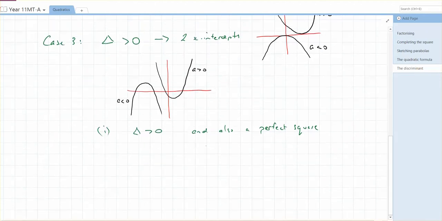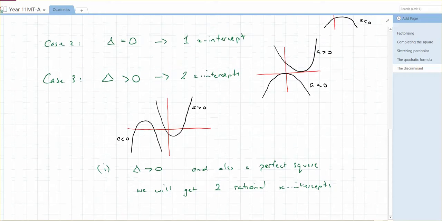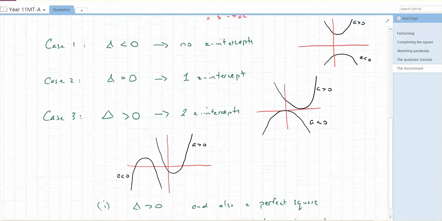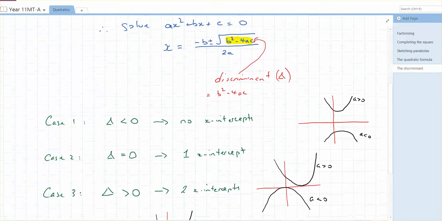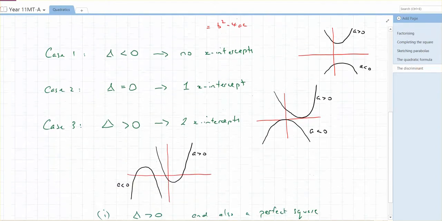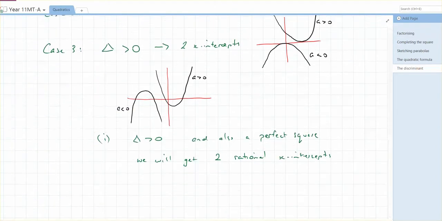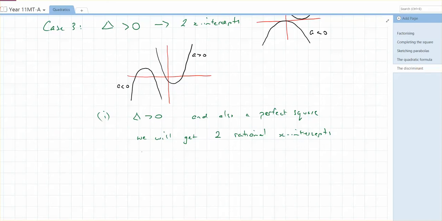If it's also a perfect square, we will get two rational x-intercepts. It will also imply, for interest, this is quite important, quite useful, if we do get a perfect square here for our b squared minus 4ac, then the quadratic is also factorizable.